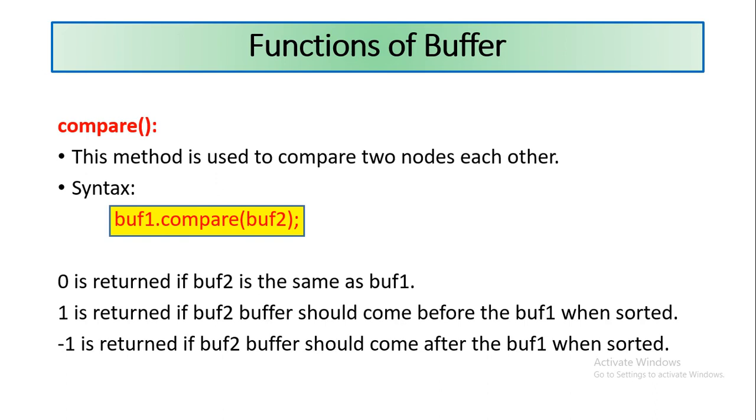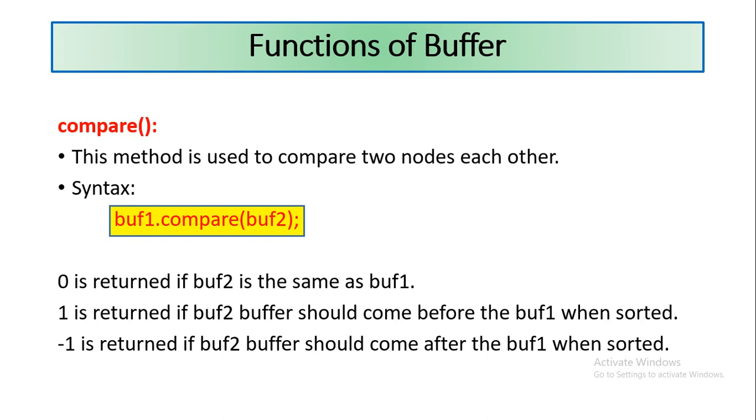This function returns an integer value in the form of 0, 1, or -1. If the value returned is 0, it simply indicates buffer1 and buffer2 are the same.